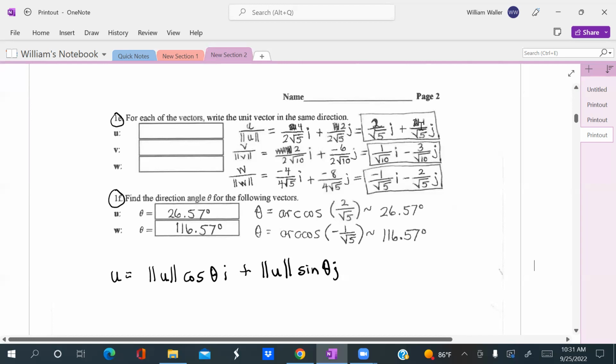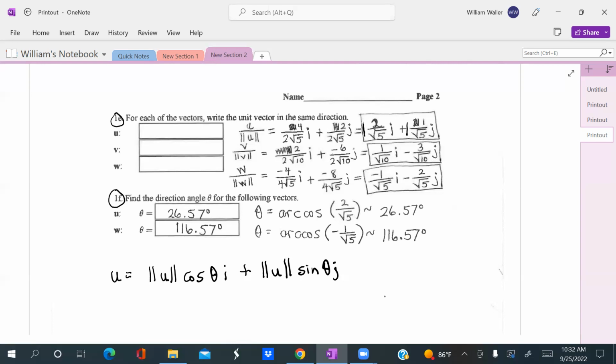Let's apply this form to find the direction angle for u. What this formula tells us is that this vector is the magnitude of u times the cosine of the direction angle theta times i. Here, because this vector has been normalized, the magnitude of this vector is just 1.